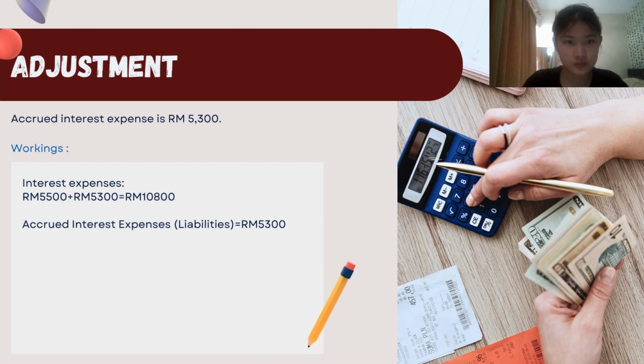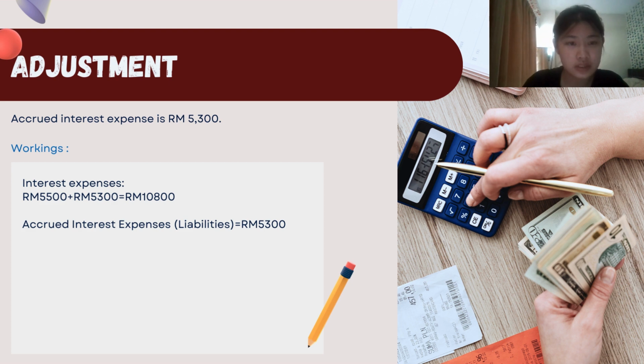The question is, accrued interest expense is 5,300 ringgit. In trial balance, it gives us that the basis interest expenses is 5,500 ringgit. The additional information gives us that there is extra interest expenses that is 5,300 ringgit.